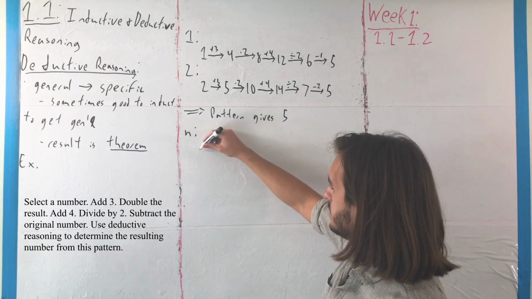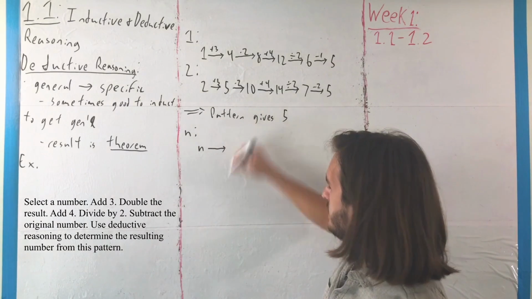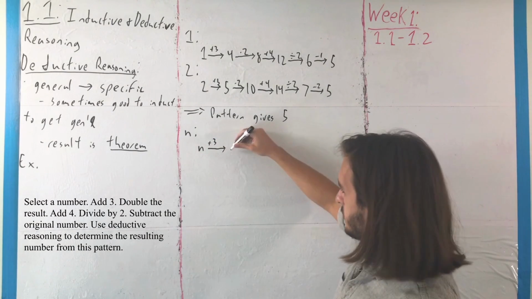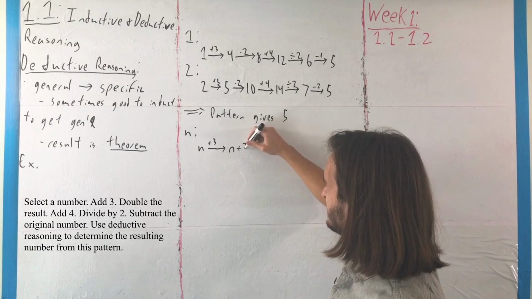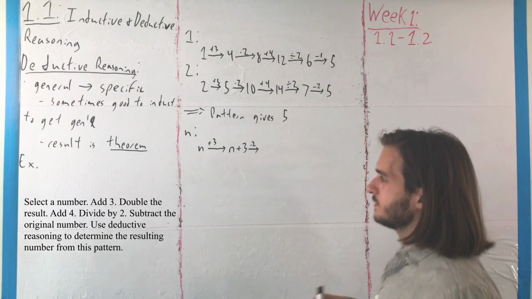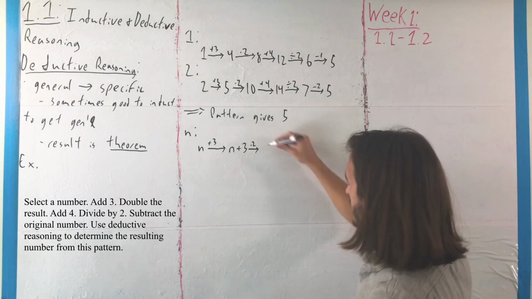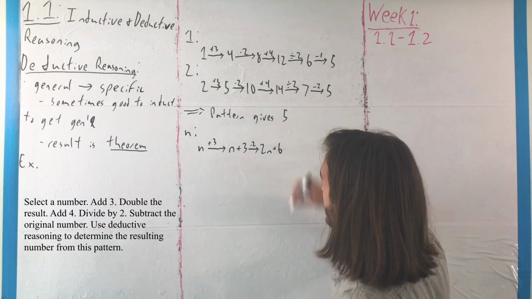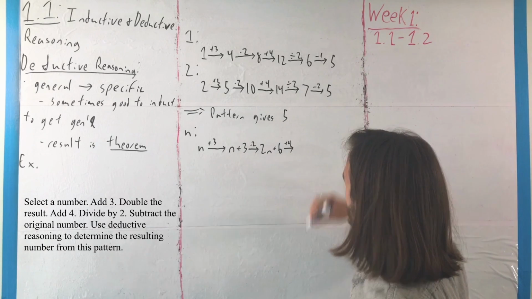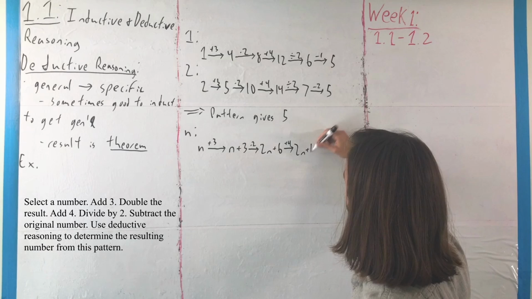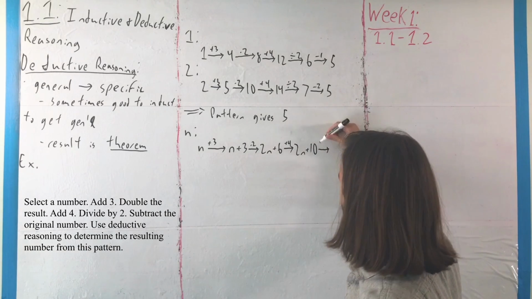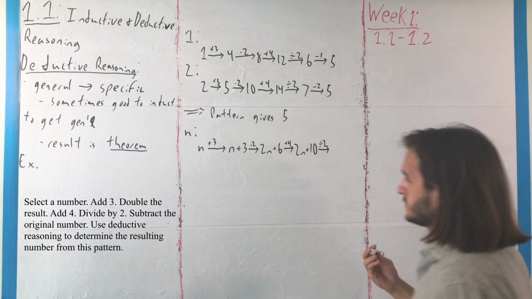So if we start with a number n, it's going to look a little bit different this time because we're going to have n's and numbers in here. You add 3, you'd get n plus 3. You then multiply by 2. Being careful with distribution, you should end up with 2n plus 6. Then from there, if you add 4 to that, you'll end up with 2n plus 10. Then what we're going to do is be careful here and divide by 2, where again you got to distribute.